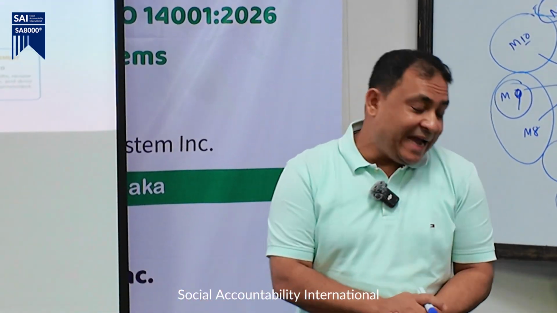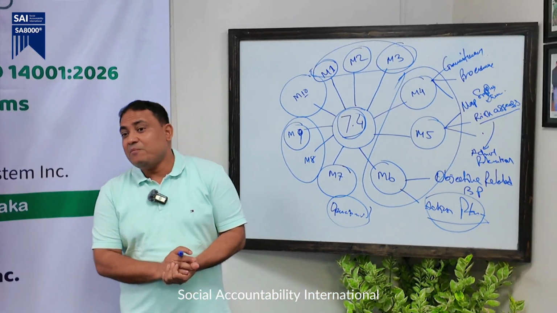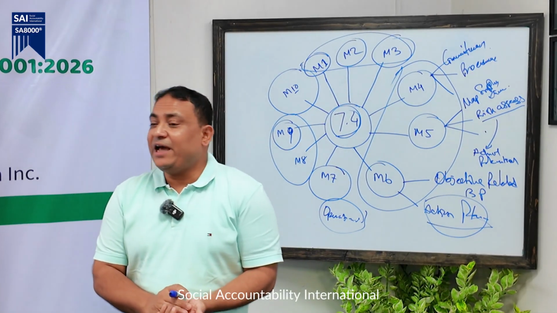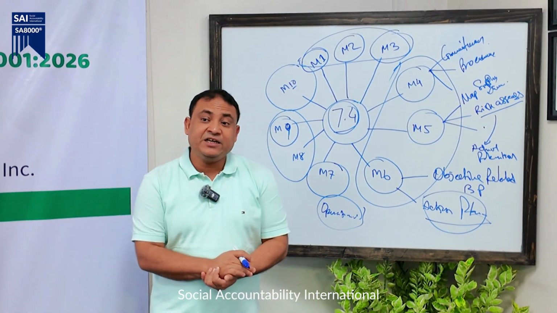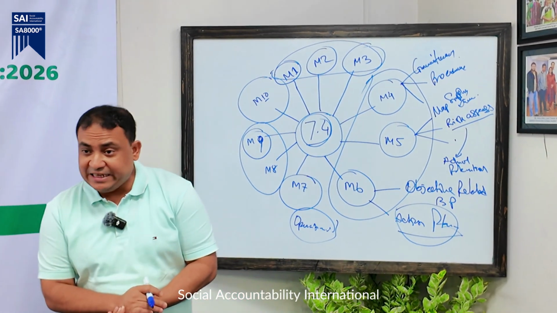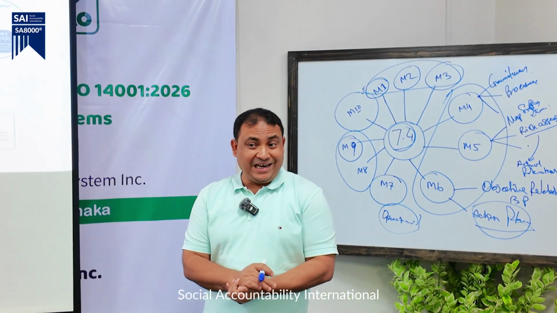Top management will review all this data related to the performance of business partners, and they will decide if any further action is needed, if any resources are needed to manage them well, or if it is already satisfactory.